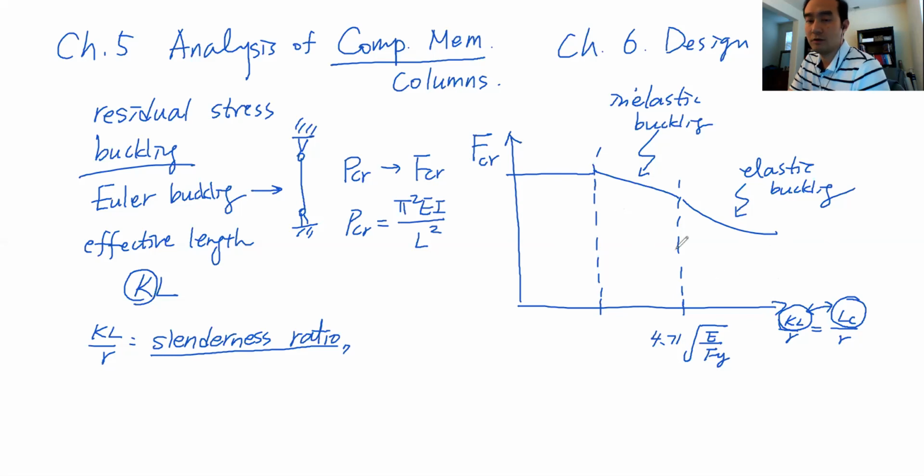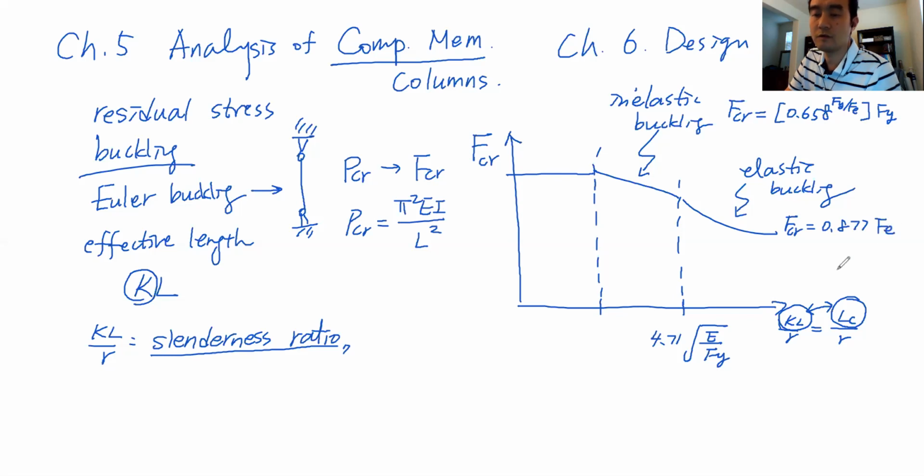The formula for F sub CR, for the inelastic buckling range, is 0.658 to the power of Fy over Fe, times Fy again, while for the elastic buckling range, the F sub CR value is going to be 0.877 Fe.